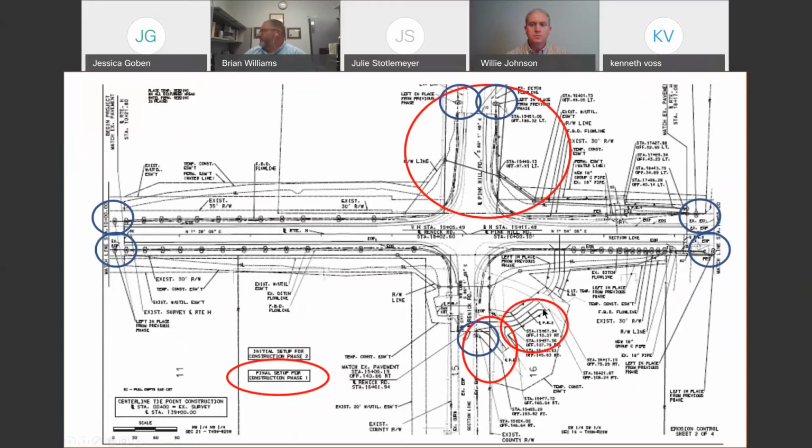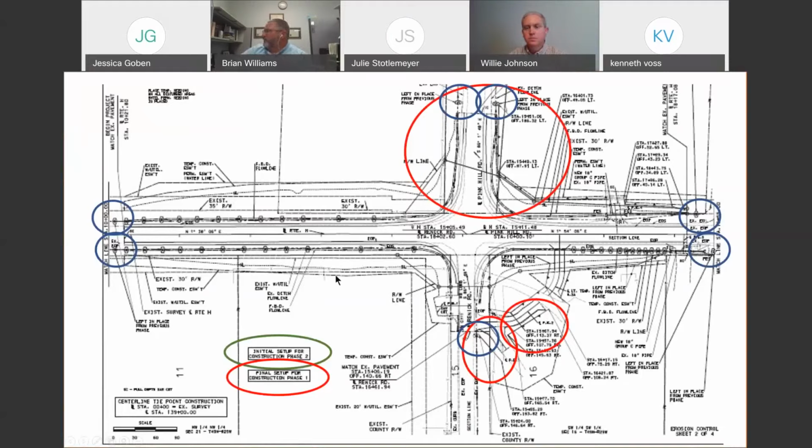We've got silt fence that I showed in the earlier photo added here. And here. And here. And that was for the end of phase 1.